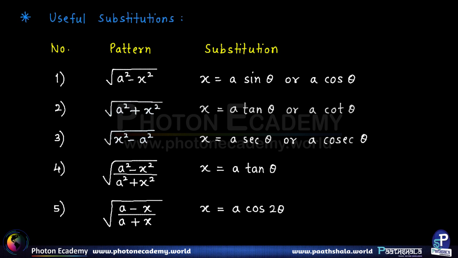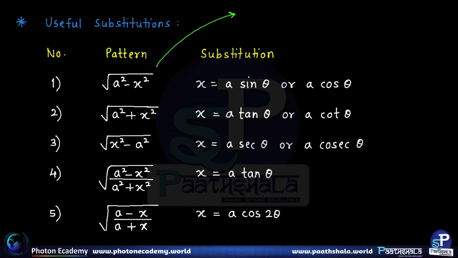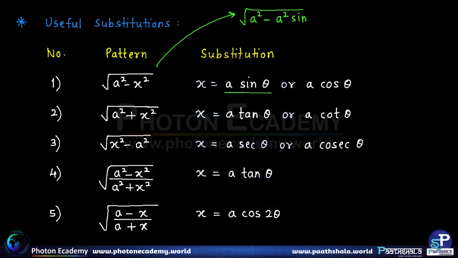Now let's understand why this substitution and how it works. If you look at this particular pattern, let us try to substitute x equal to a sine theta, for example. Therefore, root of a square minus x square will become root of a square minus a square sine square theta, correct?